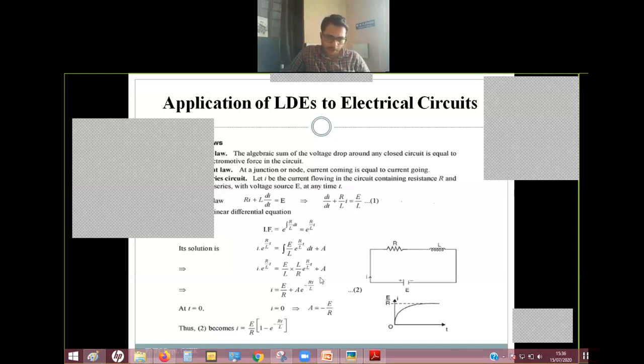Plus some constant A. Okay, and e raised to Rt by L, Rt by L will get cancelled, but since A does not have that term, we will have e raised to minus Rt by L with A. Now, till this step, are you getting it? Please confirm now in the chat box. If anyone has a doubt, you can always unmute yourself.